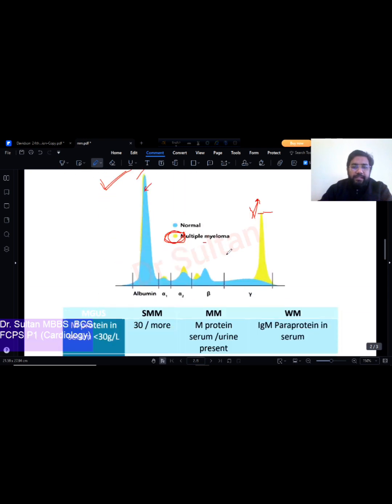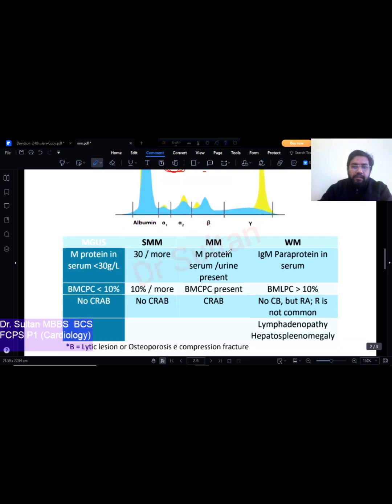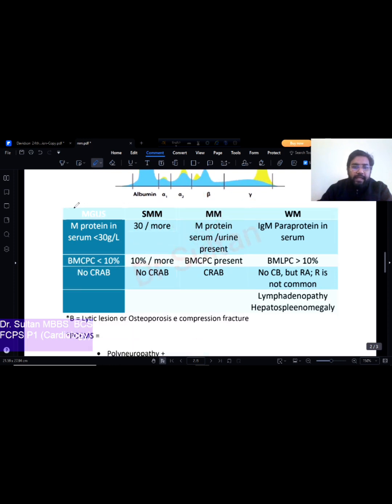So what are the similar diseases? When you're dealing with a case of multiple myeloma, this is the main playground we have to play with: monoclonal gammopathy of undetermined significance, smoldering multiple myeloma, multiple myeloma, and here Waldenstrom macroglobulinemia.